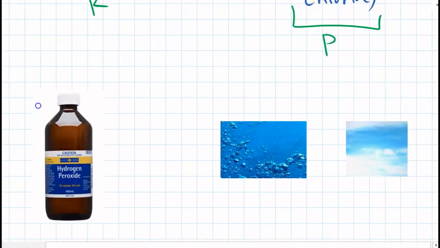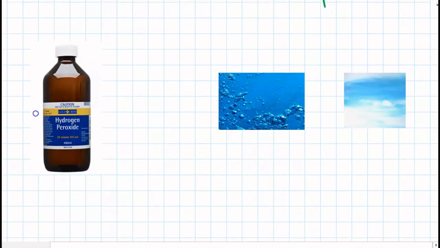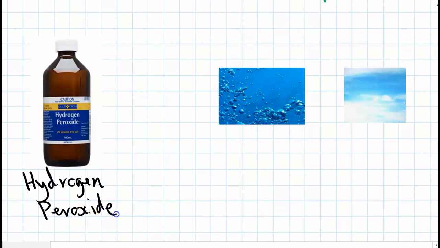Okay, one more example. This is to show that not all chemical reactions involve combining. Sometimes it's the reverse. So in this reaction, the reactant is called hydrogen peroxide. So we only have one reactant here. Hydrogen peroxide is often used as a cleaning product, but it undergoes a chemical reaction where it breaks down into water and oxygen.